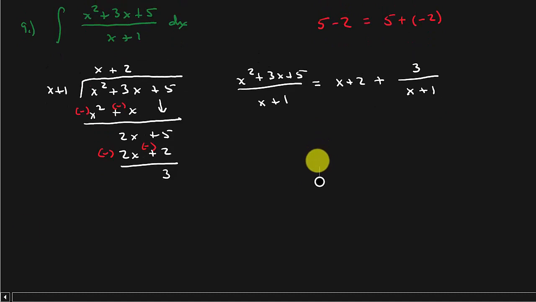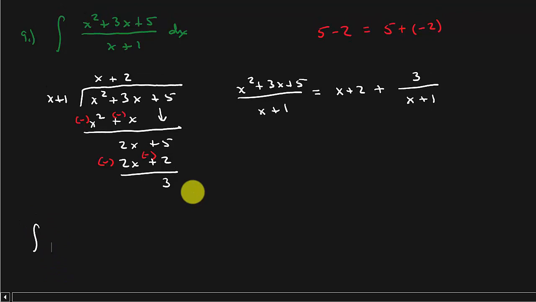So now what we can say is that this integral here is the same thing as the integral of x plus 2 plus 3 over x plus 1 dx. So this is equal to that, because I just divided. This is the same thing.